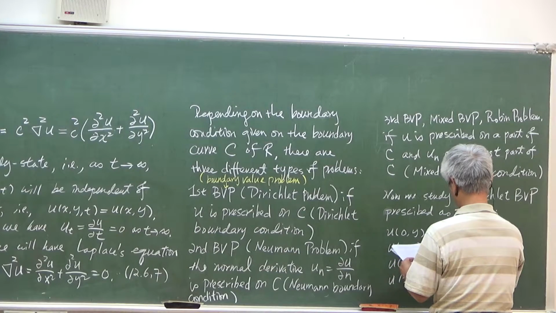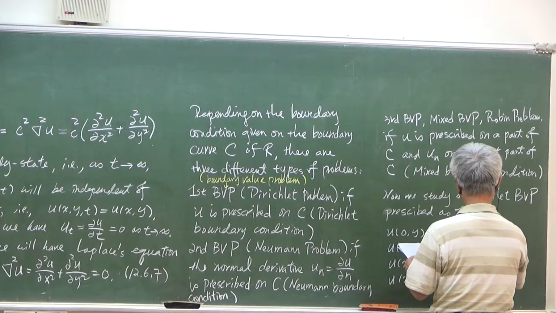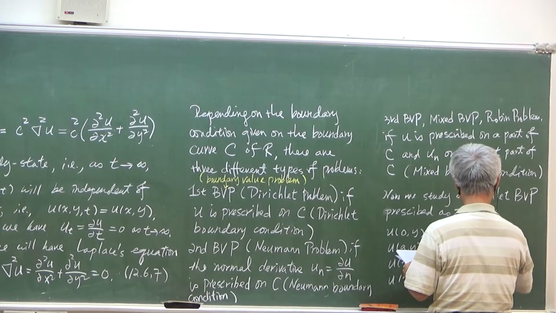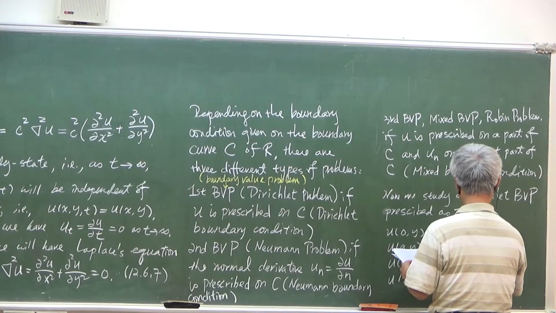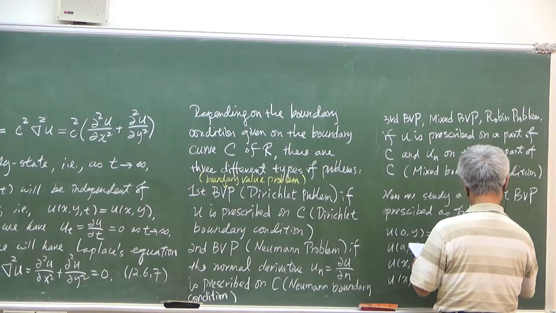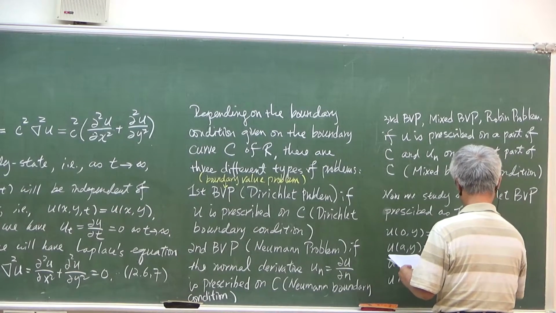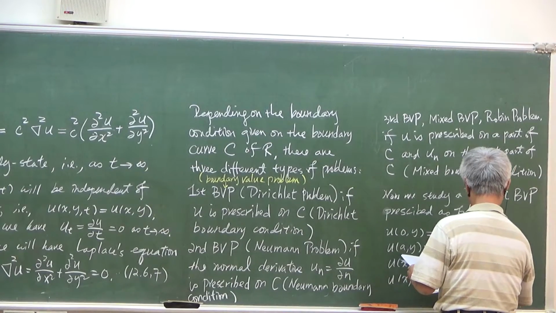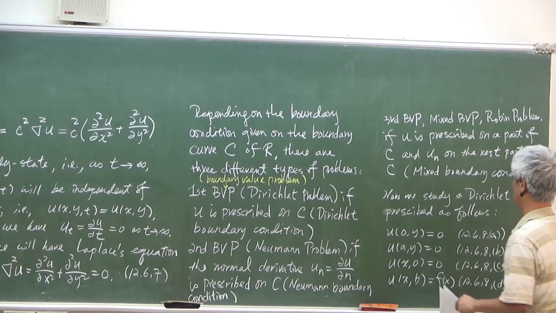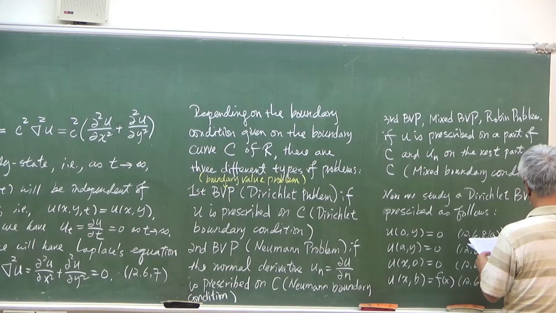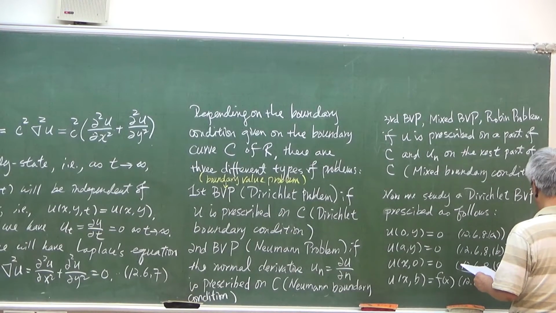So this is called 12.6.8 A, B, C. And for here y is in 0 to b. For here x is in 0 to a.